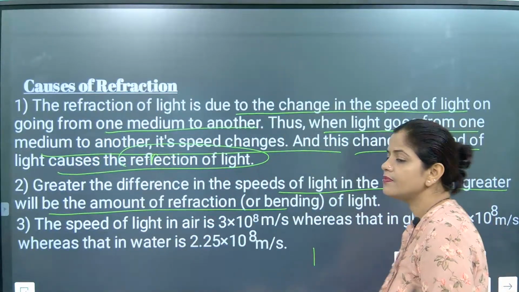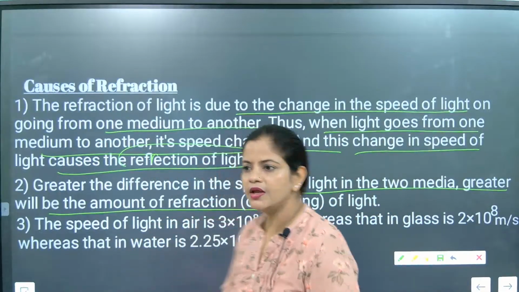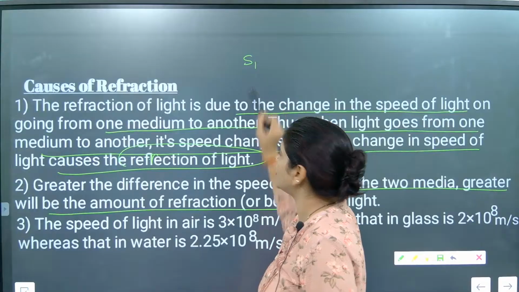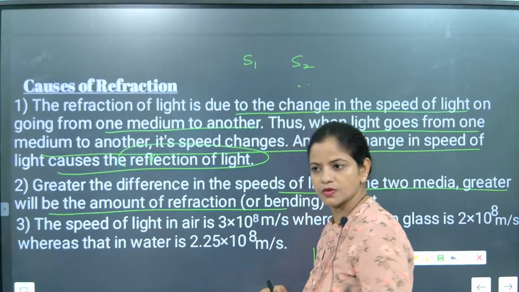So see, beta, if two mediums are there, in one medium the speed is S1. Another medium, the speed is S2. Got it?